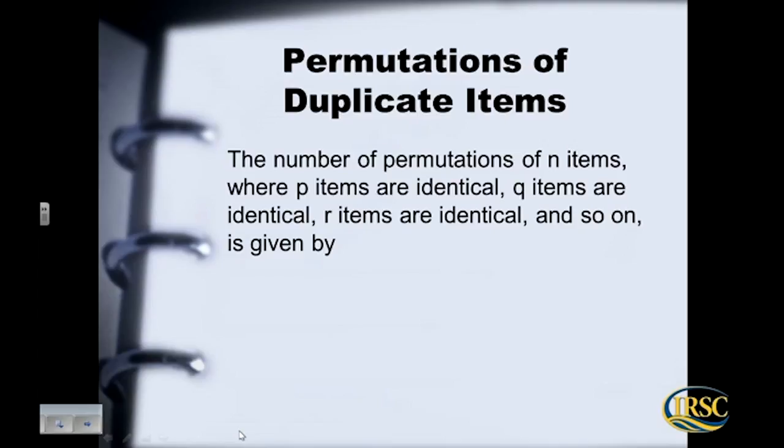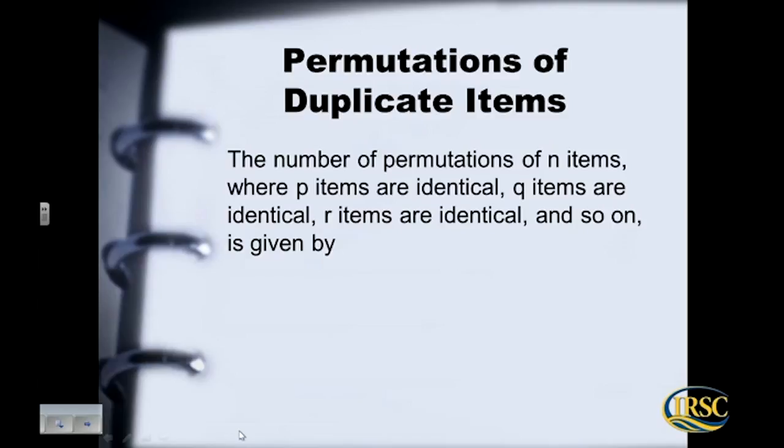Let's just say you had 3 red cards, 2 yellow cards, and 5 blue cards. Notice that if you arrange those cards in a certain order, you really wouldn't know that you'd have a different arrangement if all you did was change the order of the 2 red cards. And so that really makes the same arrangement as far as pattern goes, if you're trying to create how many different patterns, if you want to look at it that way.